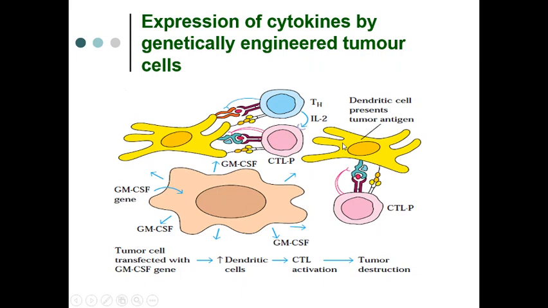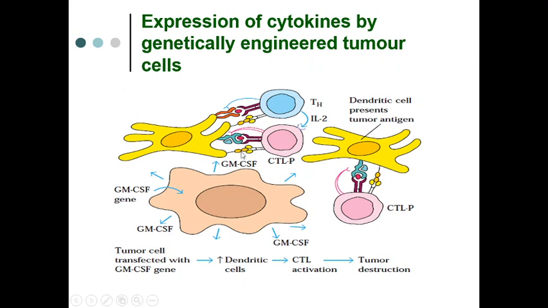Now when these dendritic cells and macrophages get attracted to the tumor site because the cytokine is being secreted there by the genetically modified tumor cell, they will start processing the antigens of tumor origin, and they will present the antigens on class 1 MHC or class 2 MHC.